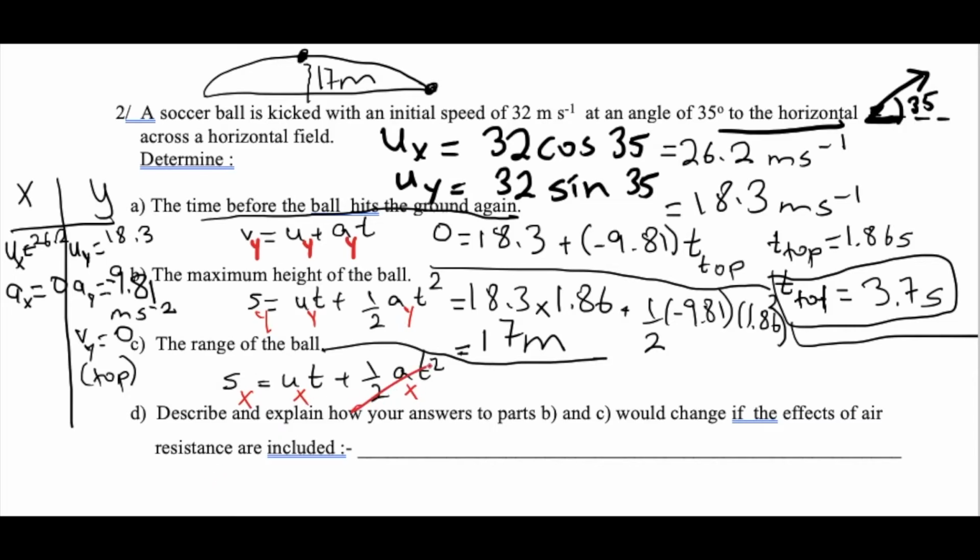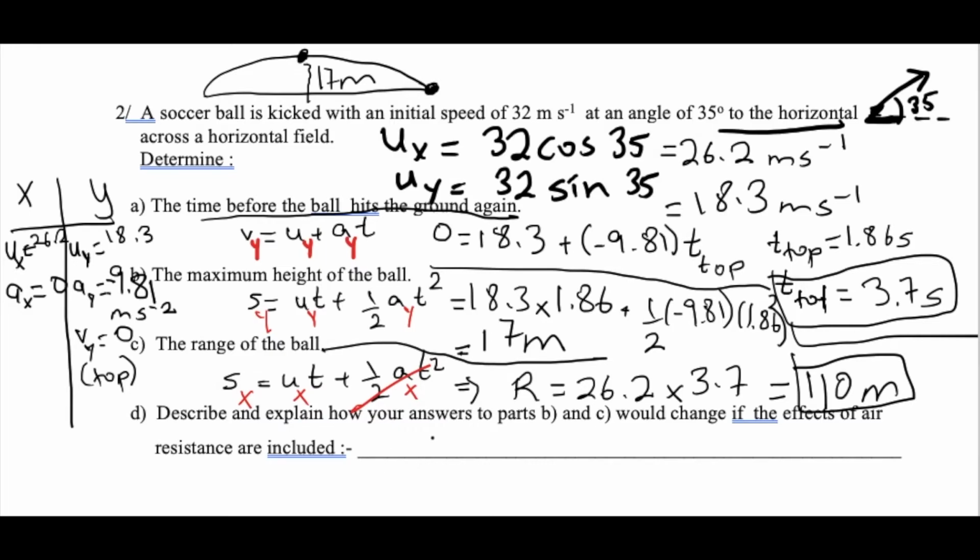Well, I know that the acceleration is 0 along the horizontal, so this is going to give me the range to be equal to u initial, which is 26.2, which is constant, times the total time, because I want to know the range all the way up to here, so I'm going to use the total time, 3.7, which is going to give me 110 meters.